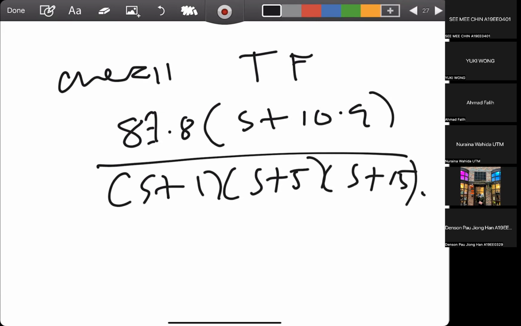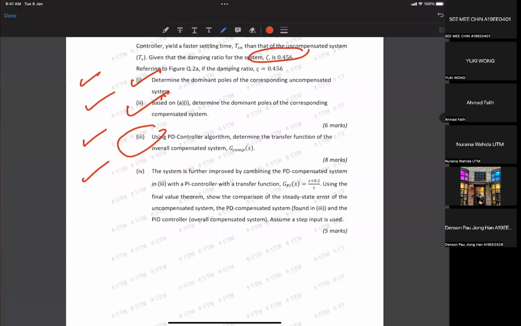And then finally is the PI controller. So this one is given, you just use it. Okay, just multiply the PI controller. So it will increase the system type from 0 to 1.